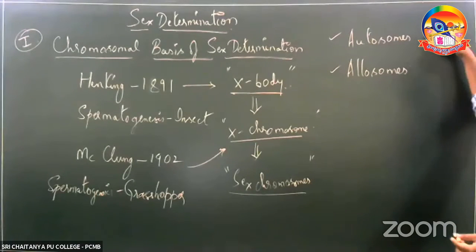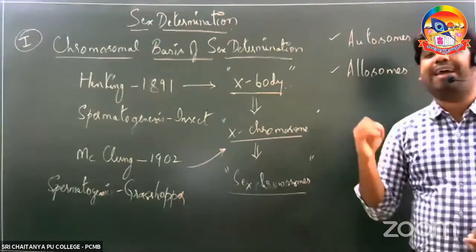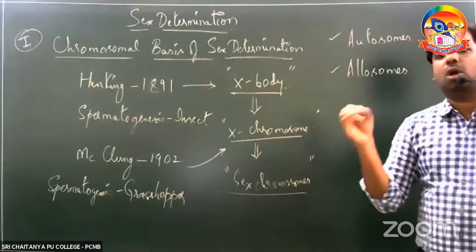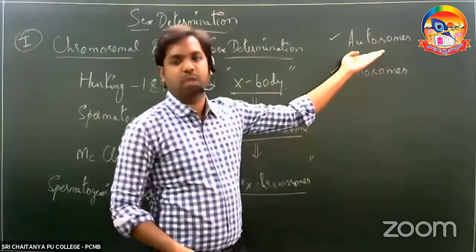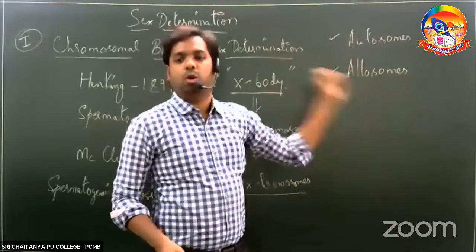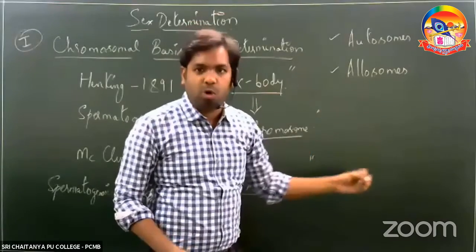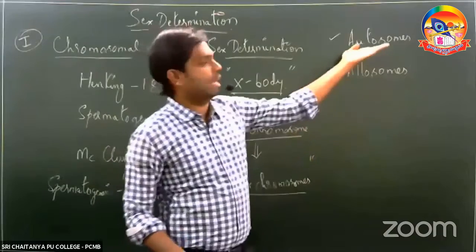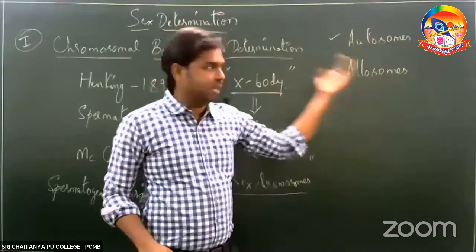So what are autosomes and what are allosomes? The chromosomes which do not have any role in determining the sex of an individual, we call autosomes.